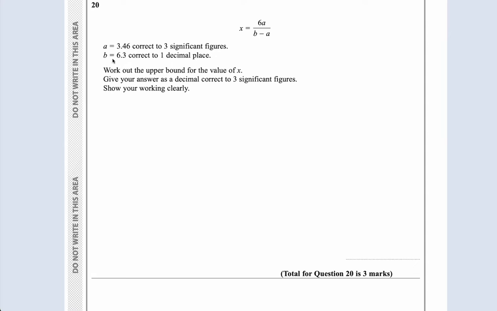Question 20. A is this, B is this, correct? So A is correct to 3 significant figures, and B is correct to 1 decimal place. It says work out the upper bound for X, give your answer as a decimal correct to 3 significant figures. Okay, so this is how I do these questions, guys.